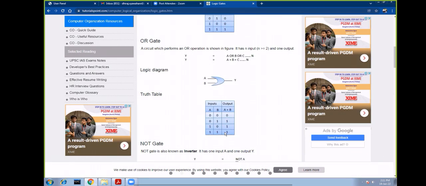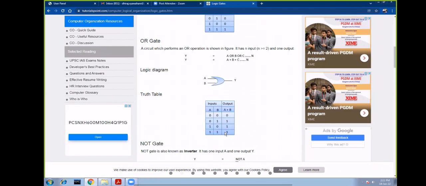Suppose you got 80 marks in physics and 20 marks in chemistry, and the condition is that if your percentage is greater than or equal to 35, then you will pass. But the student has got 80 marks in one subject and only 20 marks in another subject. What will be his percentage?